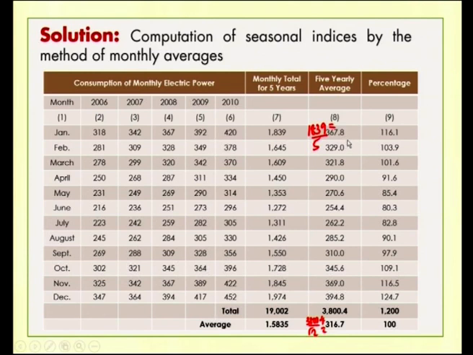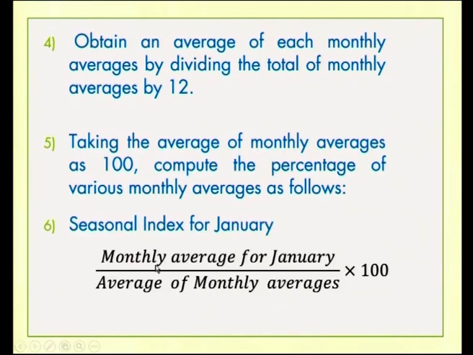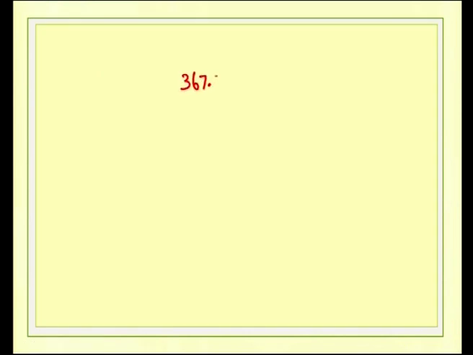This 116.1 is calculated by taking 367.8 divided by 316.7 into 100. That is the formula, right? We have seen the monthly average for January divided by the average of monthly averages into 100. So 367.8 by 316.7 into 100 is equal to 116.1 for January.